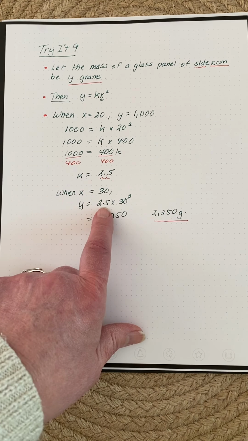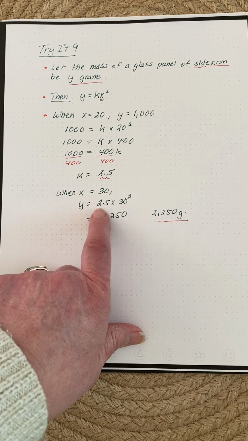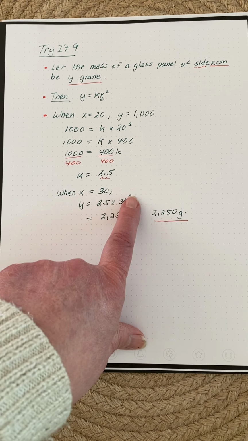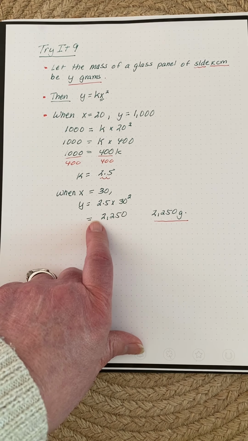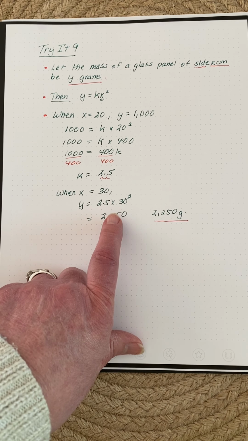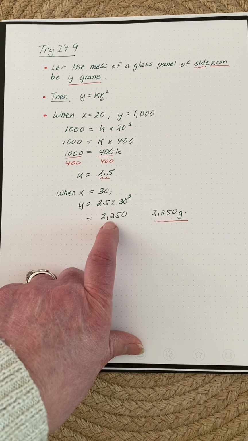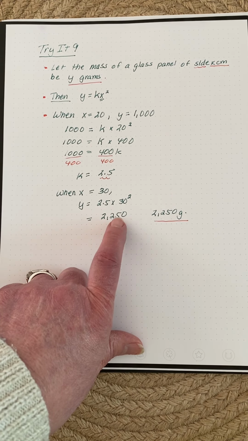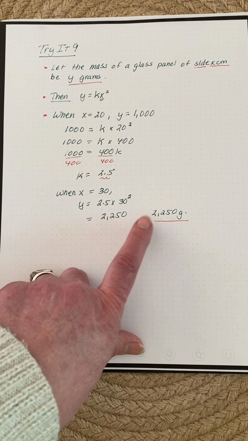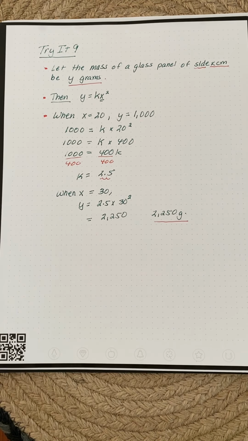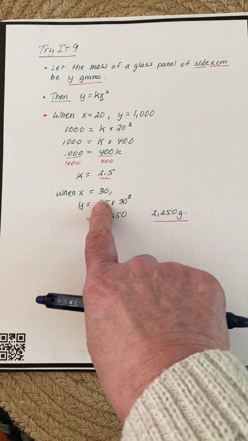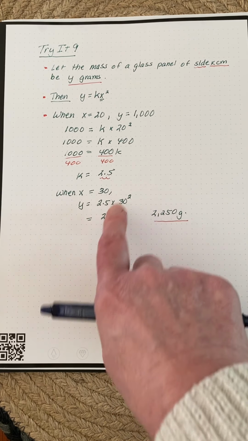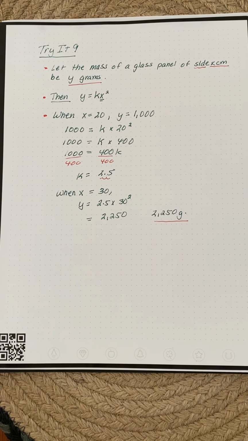Now I have it, and they gave me the side, so 2.5 times 30 squared. 30 squared is 900, 2.5 times 900 is 2,250. So 2,250 grams is my answer. You can just plug this in: 2.5 times 30 squared, and that is your answer.